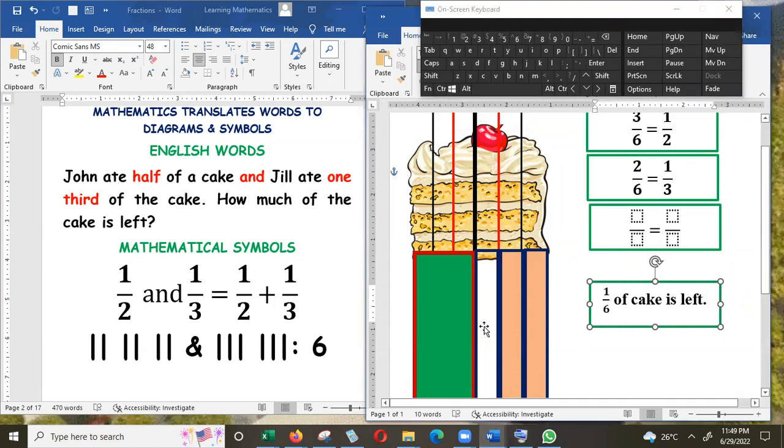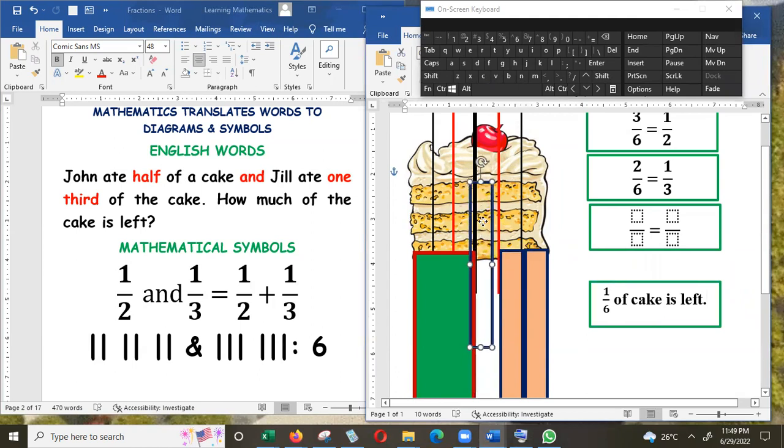And here it is, 1/6. That's the amount of cake that's left, 1/6. Because John ate a half, which is his green rectangle, and Jill ate 1/3, but 1/3 is the same as 2/6. 1/3, because that's 1, 2, 3, 1/3 is 2/6. So 1/6 of the cake is left.